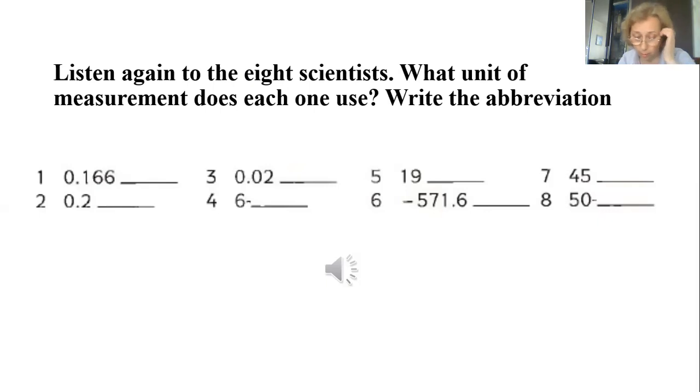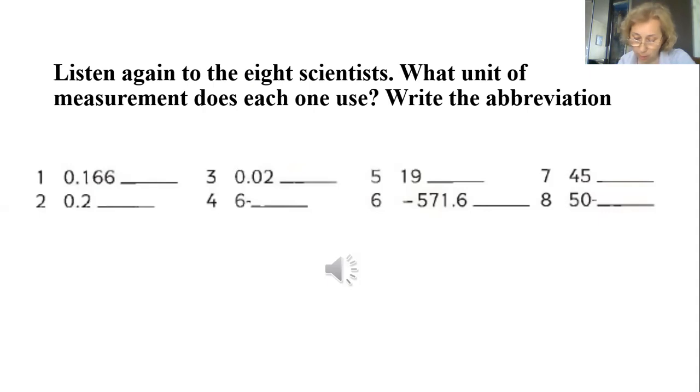Okay, the second one. So the second is 0.2 picomoles. 3 is 0.02 ohm. Okay, yes. The fourth is 6 amps. The fifth is 19 kelvins. Good.